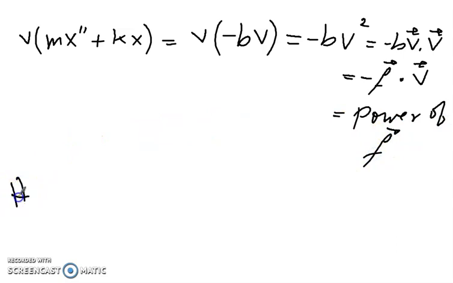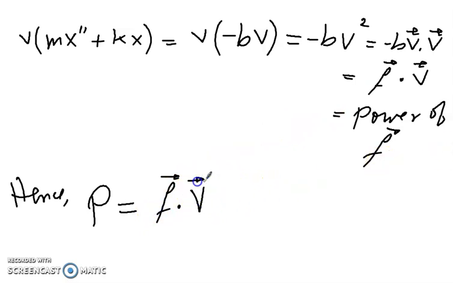Hence, the power of the dissipative force or the friction force here is F dot v, where v represents the instantaneous velocity and F is the dissipative force, equal to the derivative of ME.